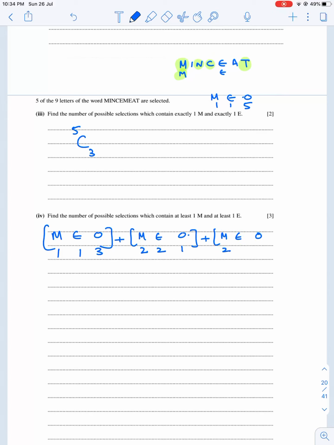Okay, if you take 2 M's but 1 E, in that case you can take 2 other letters. If you take 1 M and 2 E's, in that case you're supposed to take 2 other letters. Okay, apart from these there are no other possibilities because M and E are repeated just twice. You cannot have 3 M's or 3 E's.